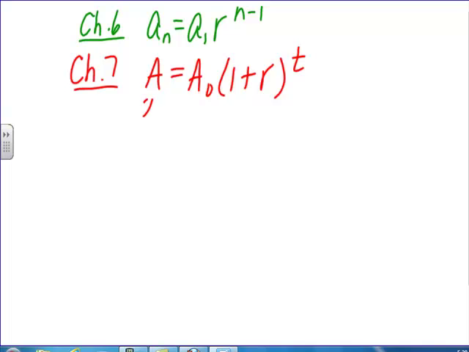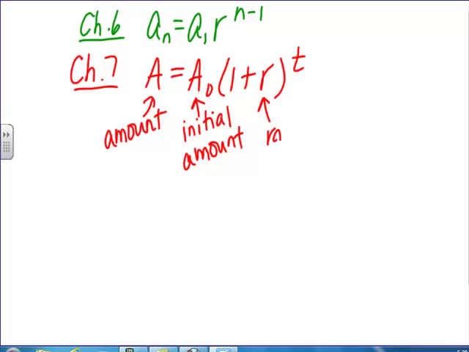So basically, A stands for the amount, a sub naught stands for the initial amount, r stands for the rate, and t stands for time.